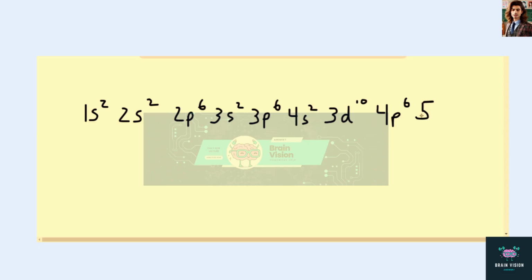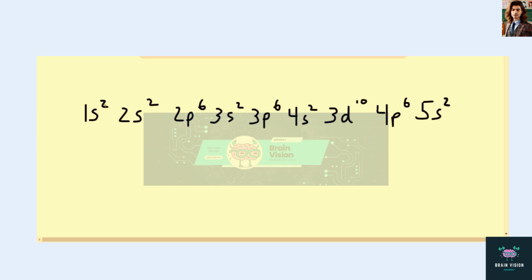So we do 5s squared. If you're getting confused on this, you can look this method up, as well as go to electron configurations on Wikipedia, and it gives you the first 15 or so orbitals. So 5s squared. The next is 4d to the 10th.